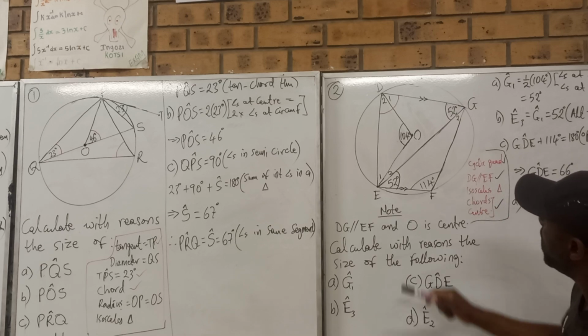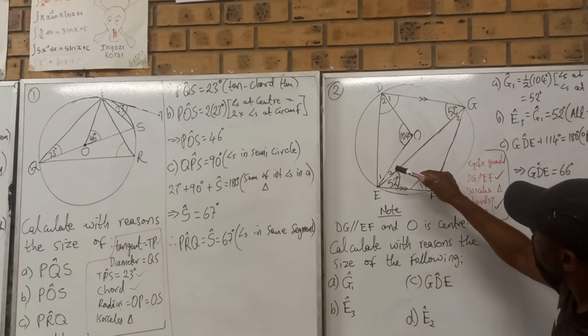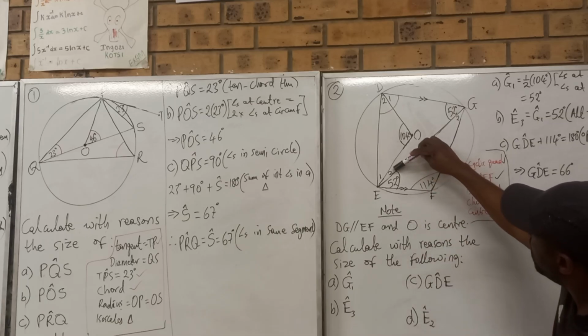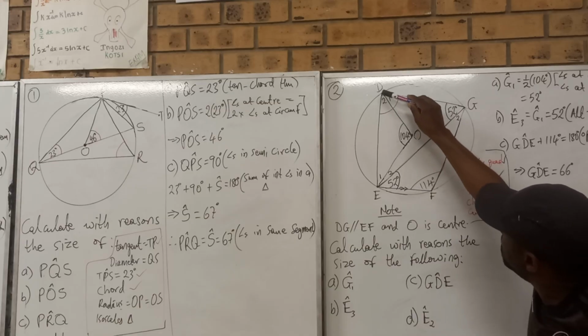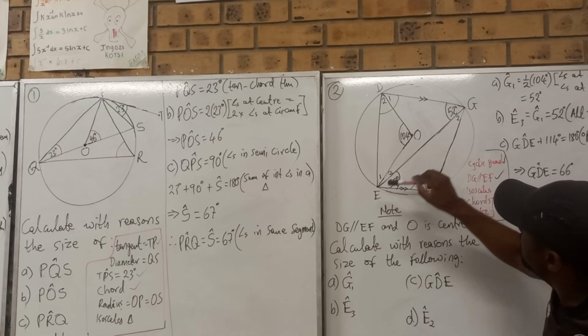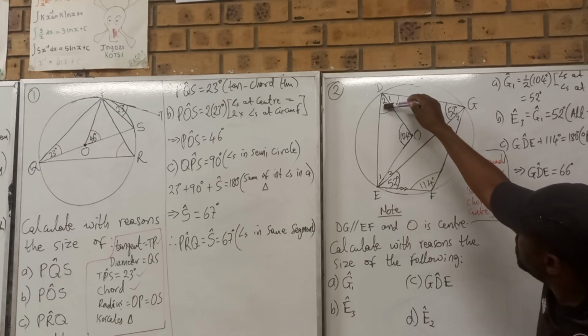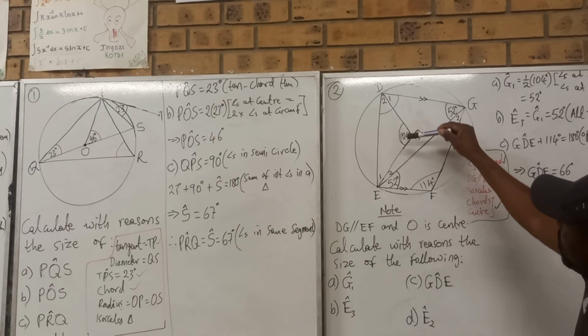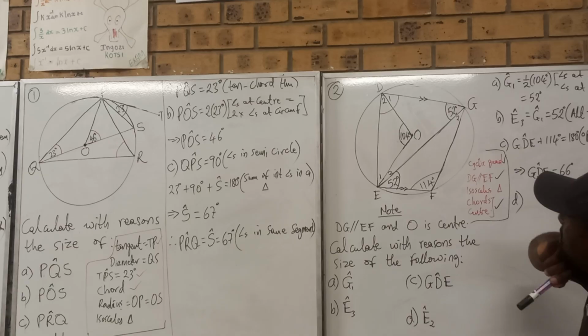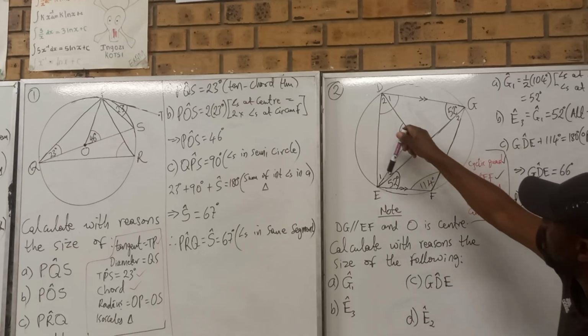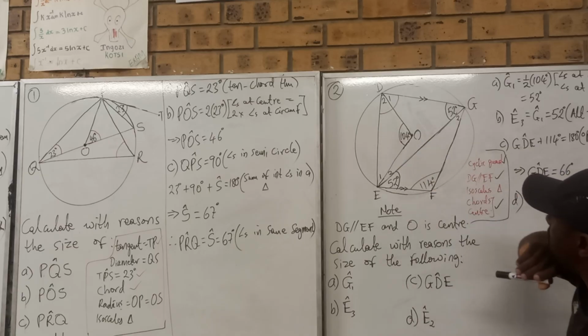So looking at where we are, E2 is here, but how do I make use of isosceles? DOE is isosceles. That tells me that E1 and G2 are the same. Then knowing that at the center there is 104, I can easily calculate E1 and G2.